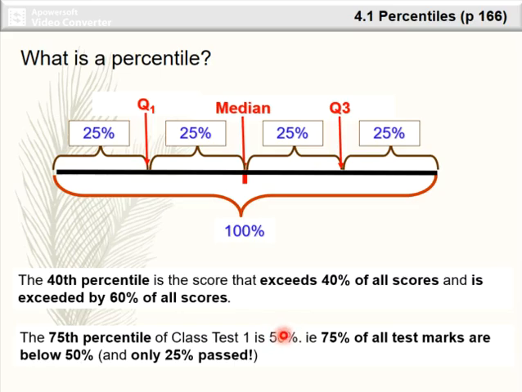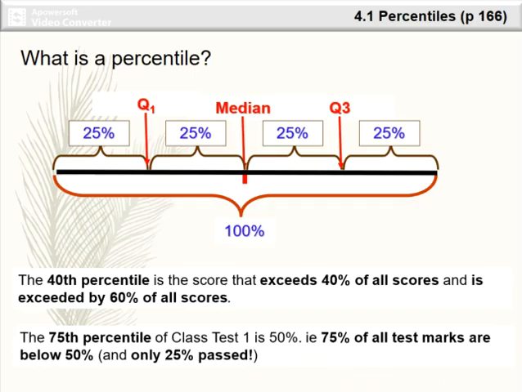Since it is the 75th percentile, that means 75% of your population, your test scores, are below 50, and that means 25% are above 50. So, in other words, 75% of the class failed and only 25% of the class passed. That's just a nice example to help you understand what kind of information you get when you're told about a percentile or if you report on one.